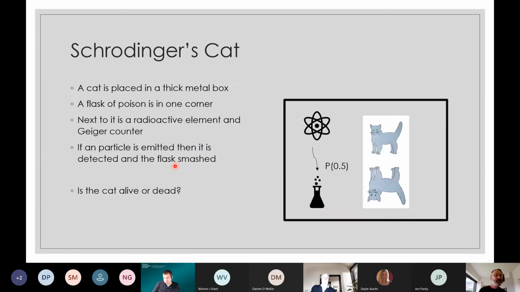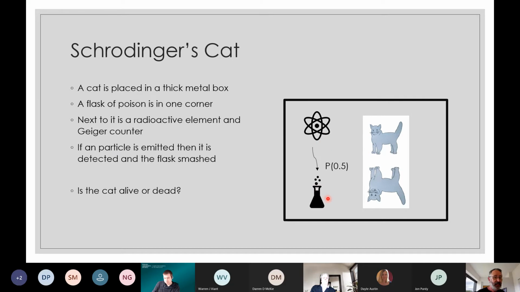And Schrodinger tried to give an example, again, lots of danger messages, but here comes the cat, of how this can be thought of at the macroscopic level. So he had a thought experiment which put a cat in a thick metal box, a flask of poison, and a radioactive element.